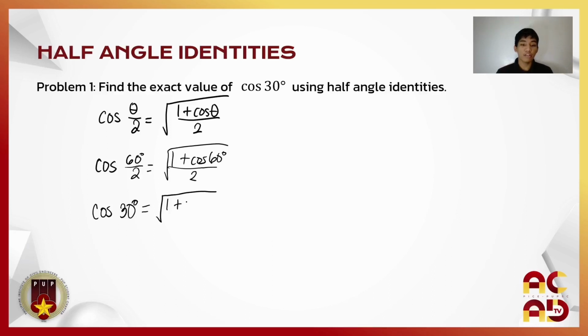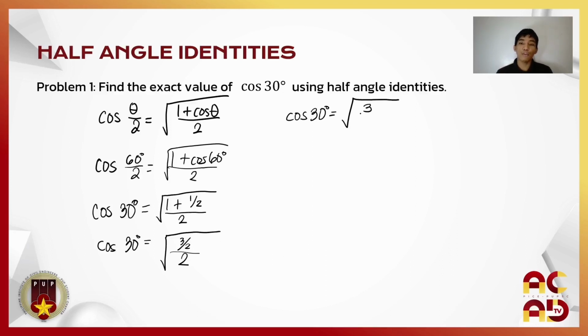Kailangan familiarize na tayo sa value nito. So, cosine 60 degrees is equal to 1/2. And then, divide natin ito by 2. So, cosine 30 degrees is equal to, simplify natin further, 1 plus 1/2, that is 3/2, and then divided by 2. Simplifying this, cosine 30 degrees is equal to the square root of what is 3/2 divided by 2?